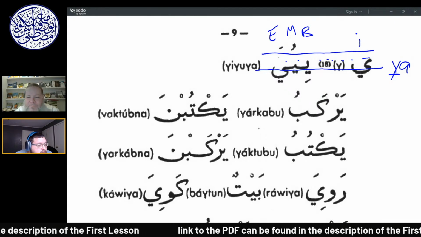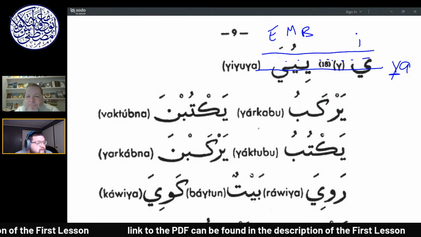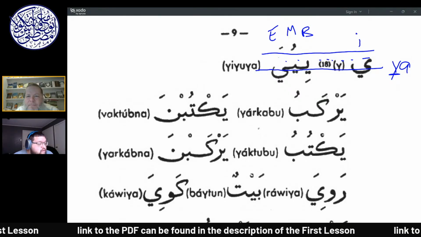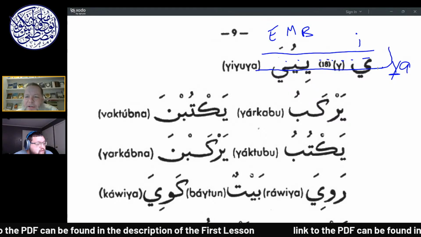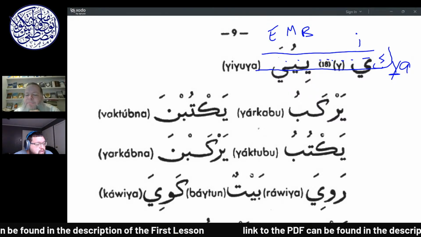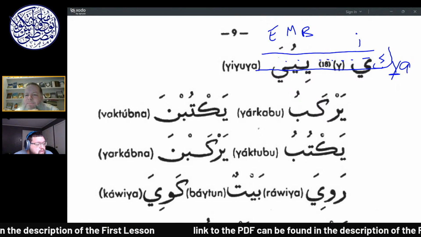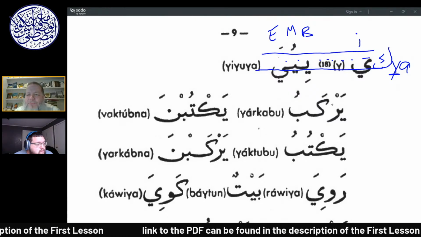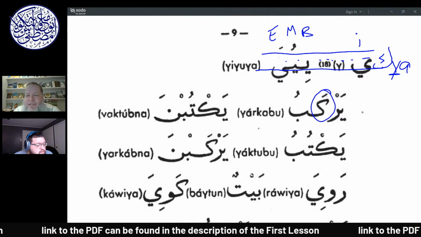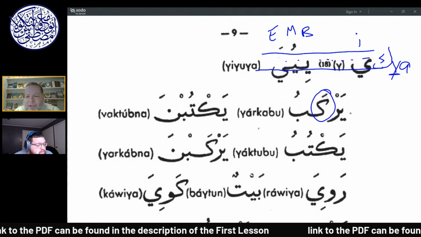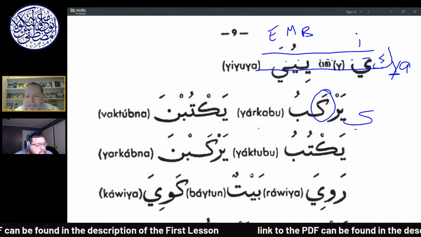I guess that kind of reminds me of the kaf, but you should be able to figure it out. The kaf is bigger. It's like this, or if it's in the middle, then it looks like this. Whereas the ya by itself, when it's at the end, will look like this on a line.